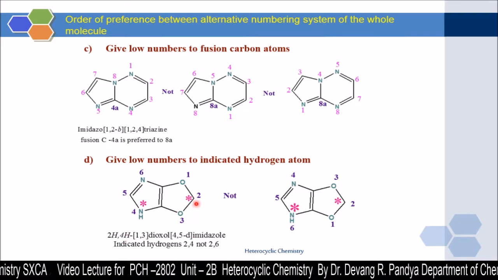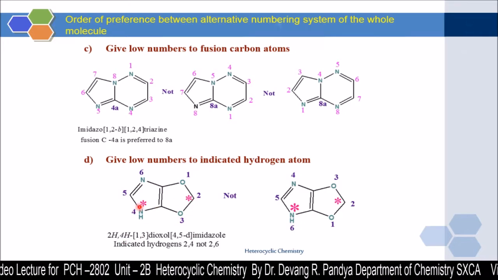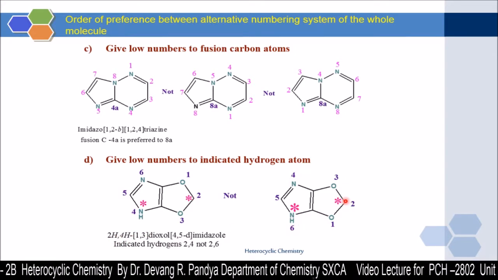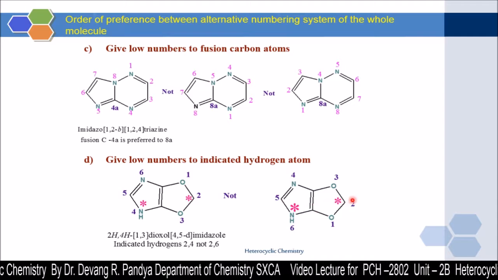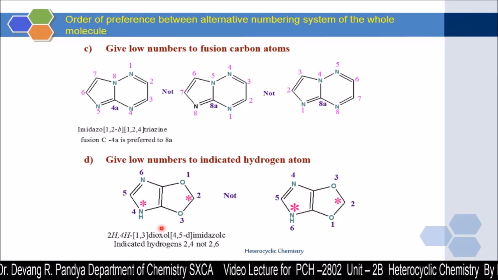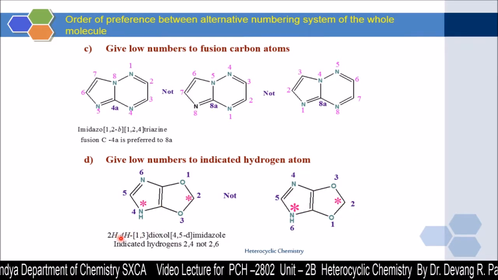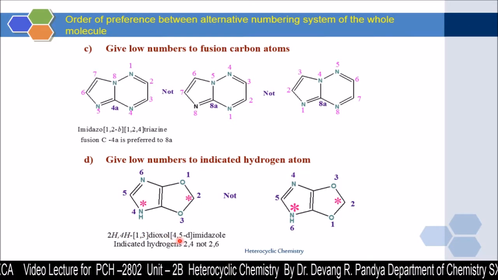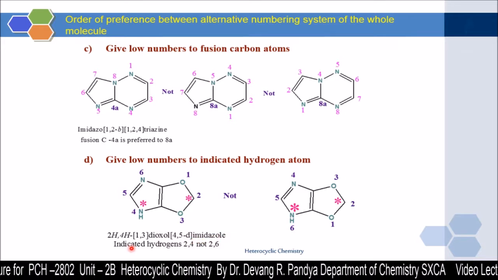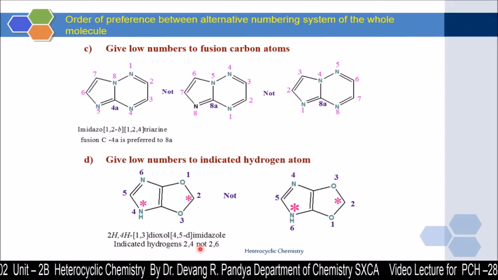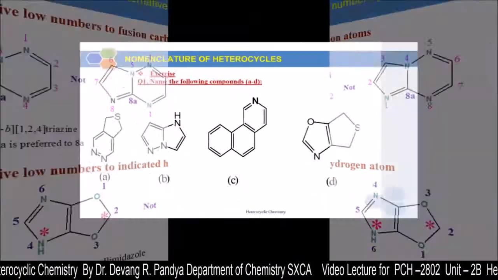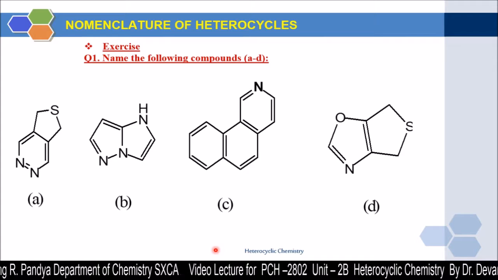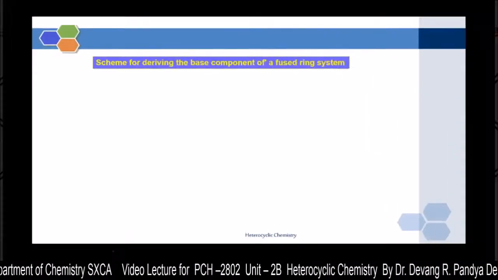Therefore here this is the hydrogen and this one is the hydrogen, so 2,4 would be a lower number compared to 2,6. So this numbering should not be considered, this numbering is right. 2H,4H-1,3-dioxolo[4,5-d]imidazole: indicated hydrogens 2,4 is preferred, not 2,6. This is for your practice. Do it yourself, the nomenclature of this compound.